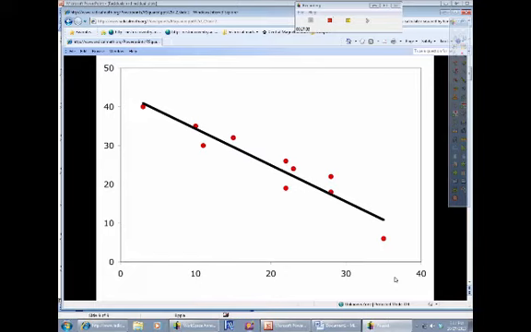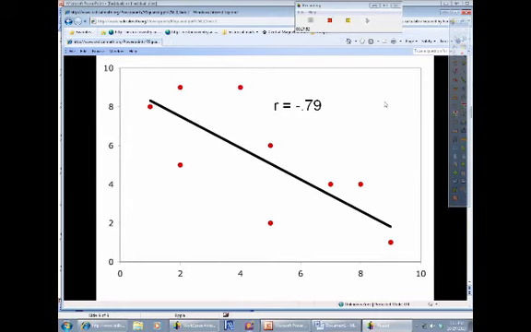It has a correlation R of negative 0.944. There's another set of data, and it has a linear regression line with a correlation R of negative 0.79.